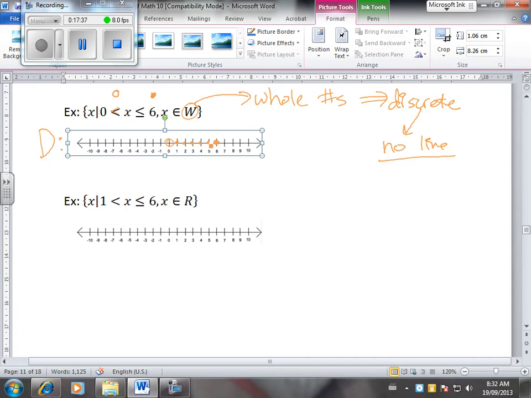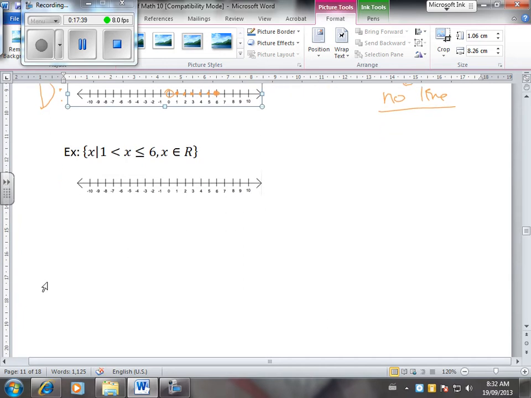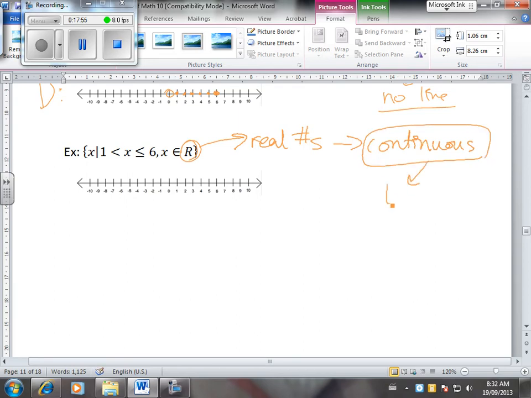And then the last one, and again, see if you can pause the video and come back. I look at this one. The first thing that stands out to me is this is real numbers. So this is continuous, which means I can have a line. Then I look at my inequality, and I only have one limit.